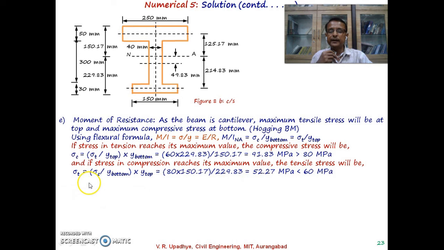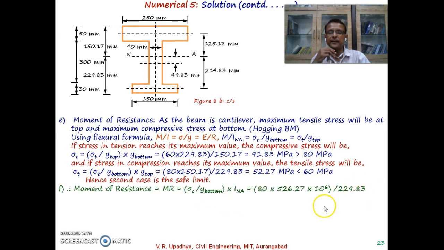And if we load the beam in such a way that the compressive stress reaches its permissible value, then the tensile stress getting developed at the top will become 52.27 megapascal, and that is less than 60 megapascal. So what we can conclude is, the second case is the safe limit. The tensile stress is less than the permissible value, and that is safe.